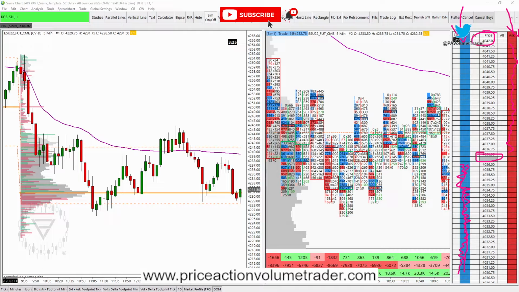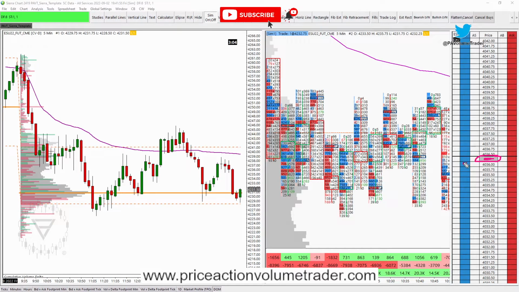So what does that mean? For example, if we're here right at 4,036.25, which would be right here, and I want to just get filled and go short, I need to market sell. What would that mean?